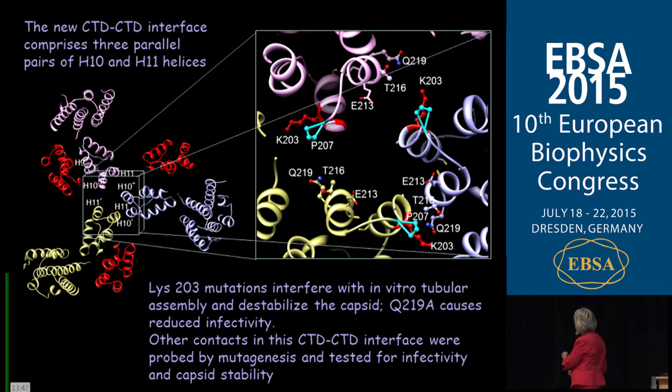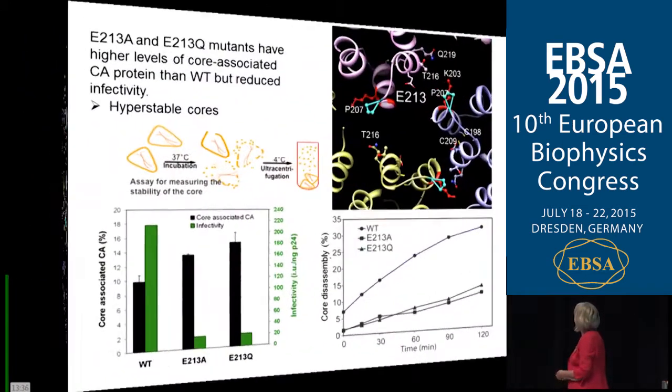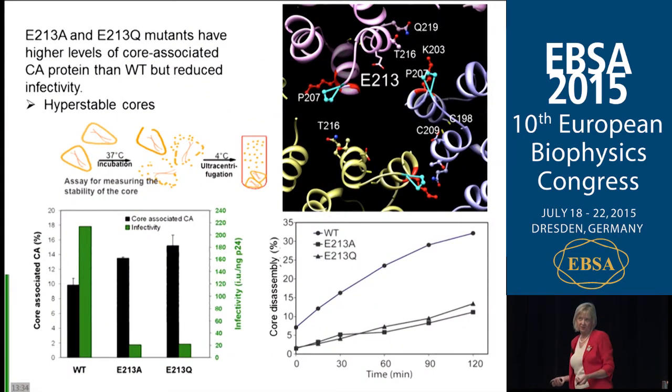And the glutamine 219 to alanine mutation had reduced infectivity. You can see those are all residues that are at the interface. So that meant that this interface clearly was important for the assembled capsid, and then we made some more directed mutations, and we made a whole number of mutations.